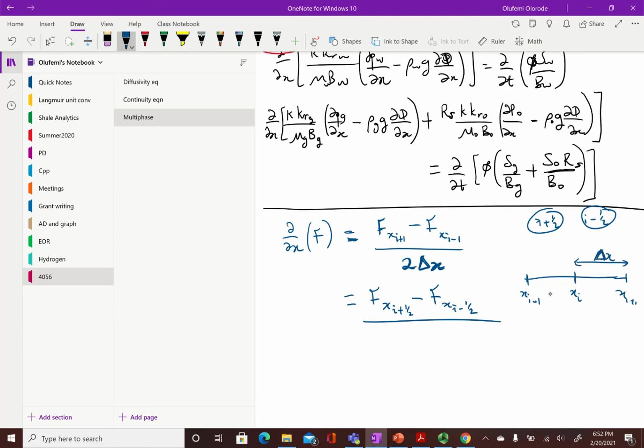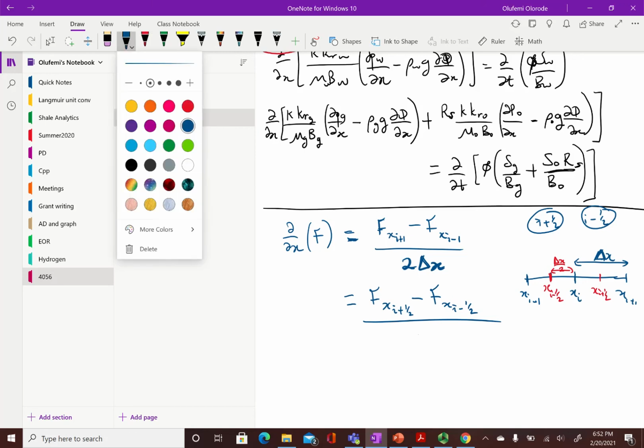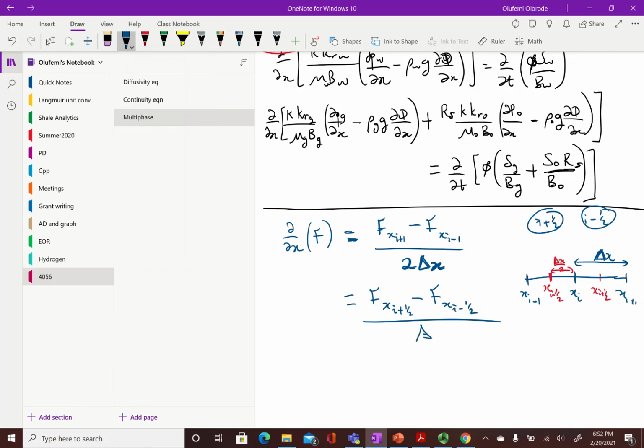When you choose i minus half and i plus half, then this will be delta x over 2. So 2 times delta x over 2 is what you're going to have here, which is delta x. So these two are equivalent.